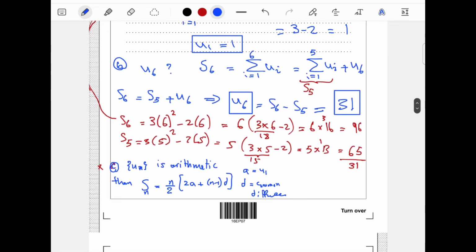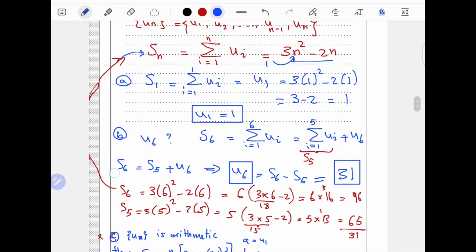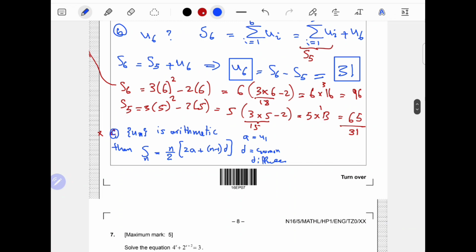So we know that S_n is given by 3n squared minus 2n. So if you take n over 2 as a factor, you are left with 6n minus 4.